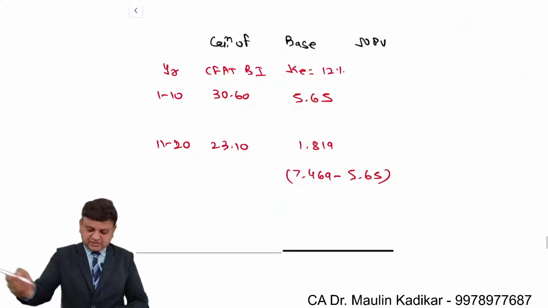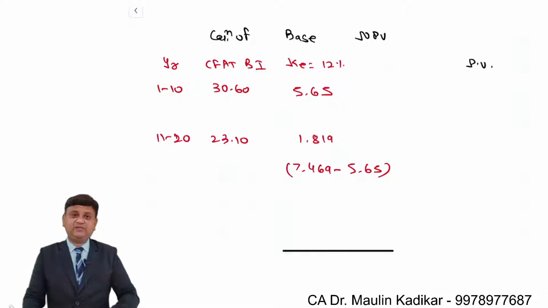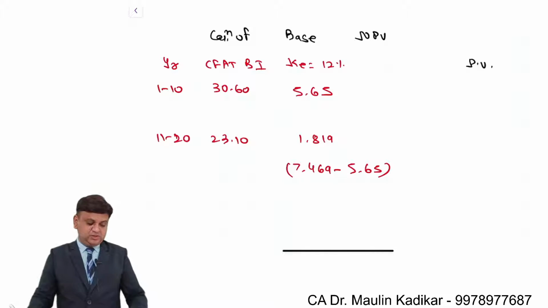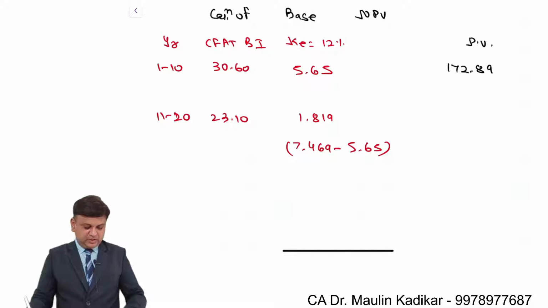Now we'll compute the present value. And dear students, as I told you, assuming that the entire investment is made by equity shareholders, we'll make the calculation of the base NPV. So 30.6 into 5.65. So 172.89, 23.1 into 1.819.